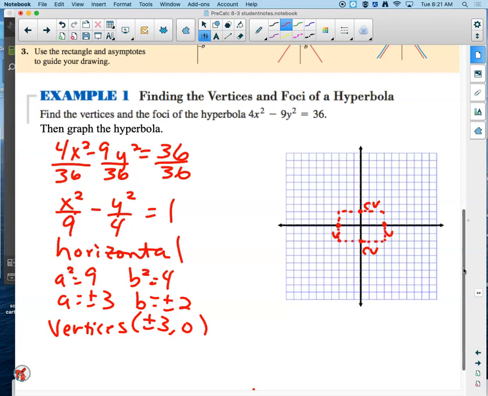My rectangle. And that rectangle is what I need to draw in my asymptotes because, again, they go through opposite diagonals. So do the best you can to try to get it to go through 0, 0 and those opposite diagonals.